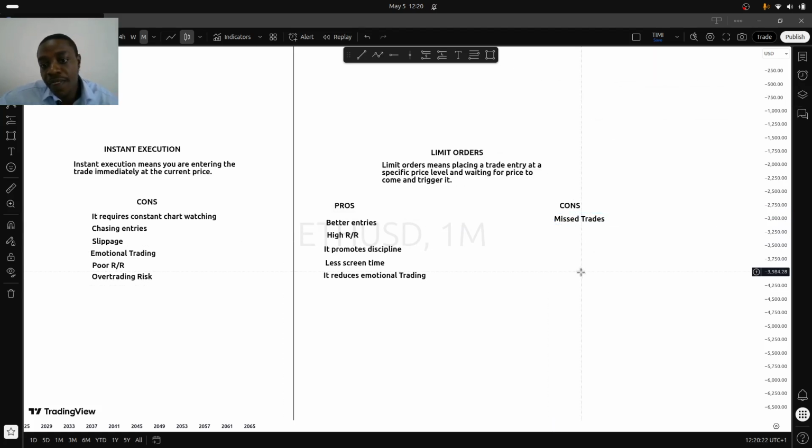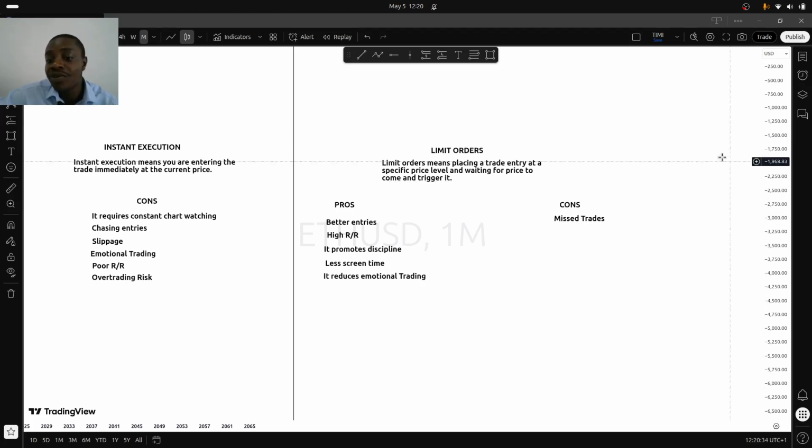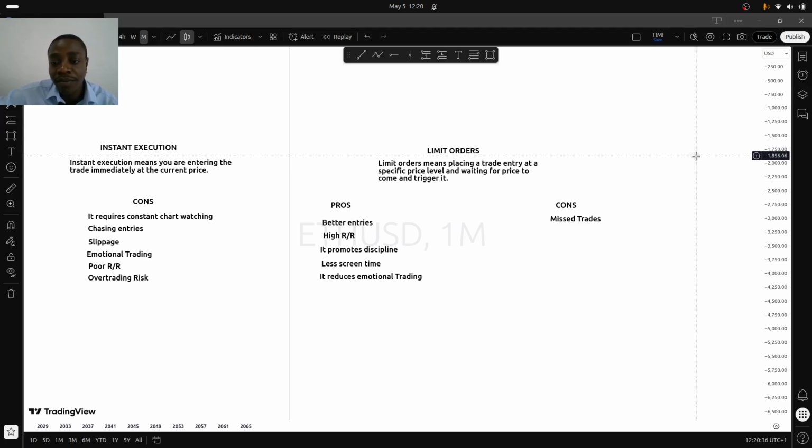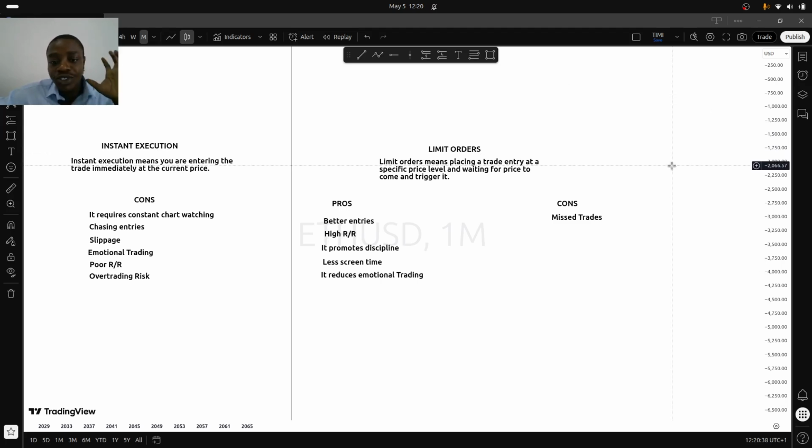Most of the time, using limit orders, price can come to your level, tap the level, and then not activate on your MT5. You start thinking, oh, but the trade activated on my TradingView. It could be your broker, it could be anything, right? But you should just understand what you are getting into. If you want to be using limit orders, you should understand that you are going to miss trades most of the time, unlike somebody who is doing instant execution.